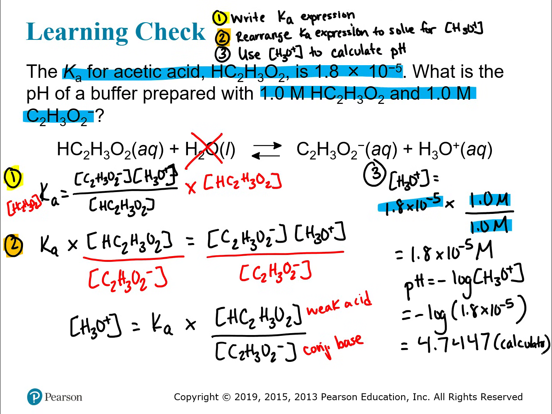But remember, we need to take into account sig figs. The concentration that we have for our hydronium ion has 2 sig figs. So we need to have 2 decimal places.